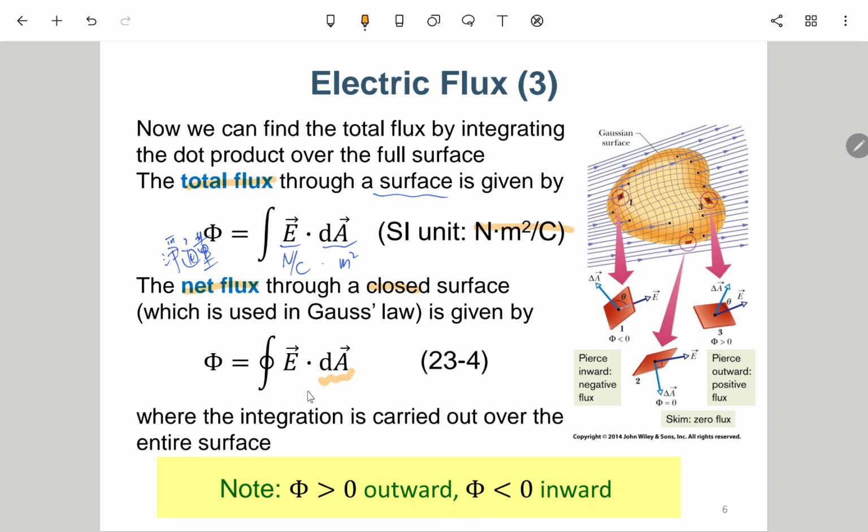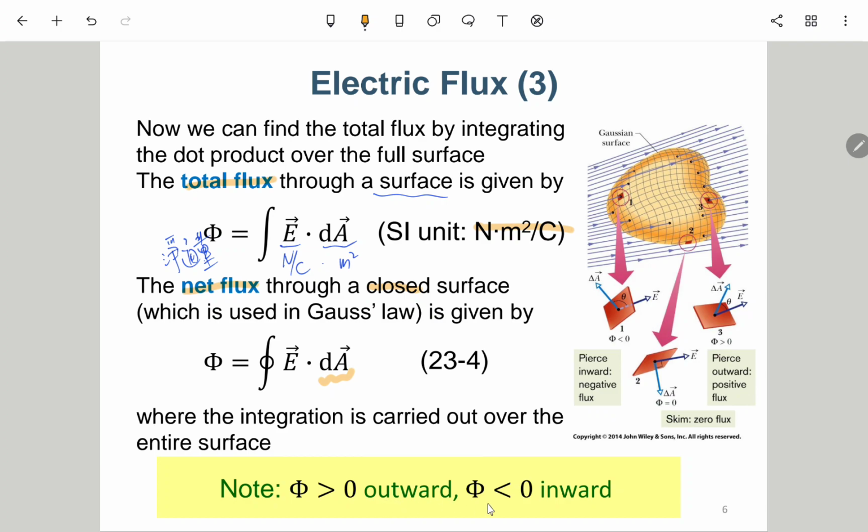Okay, and so here we have a note. The note says if phi is greater than 0, then we say the net flux is going outward.